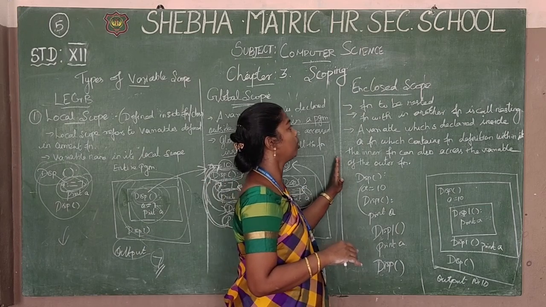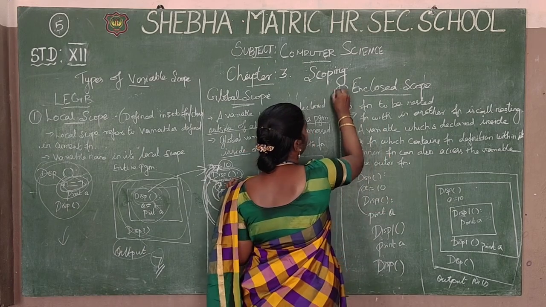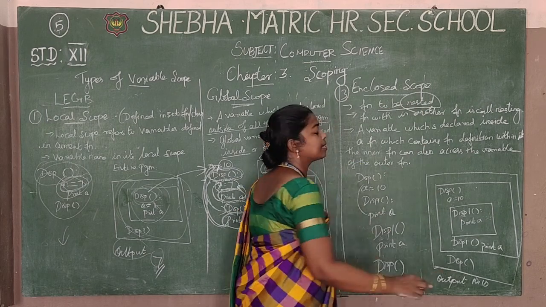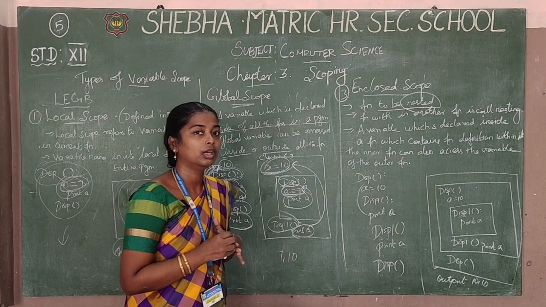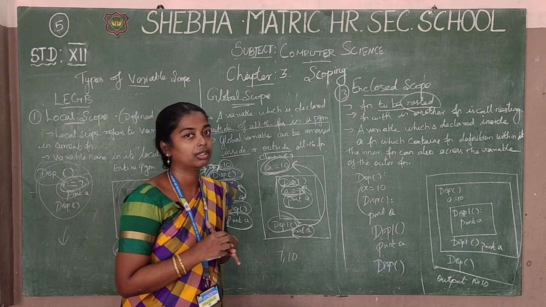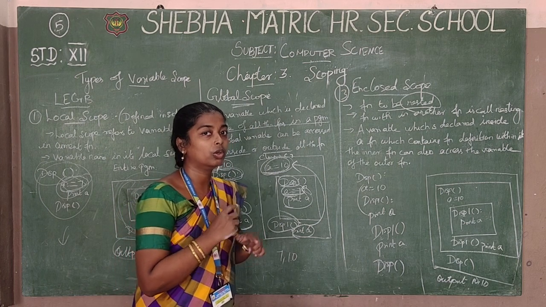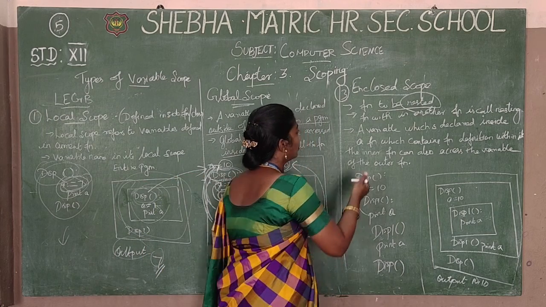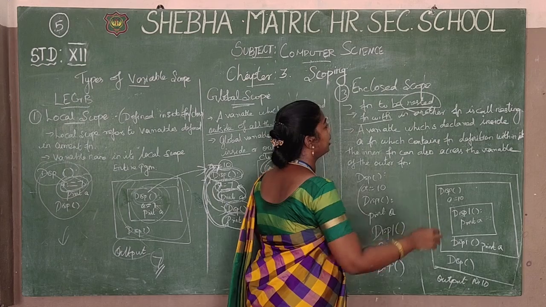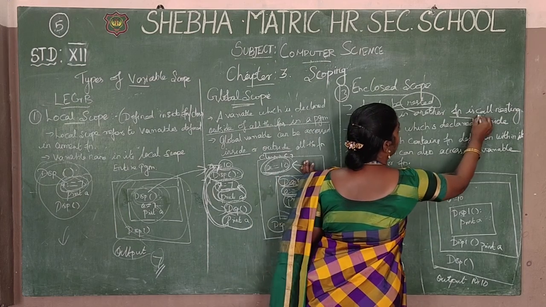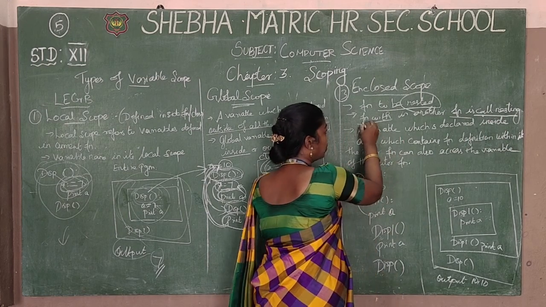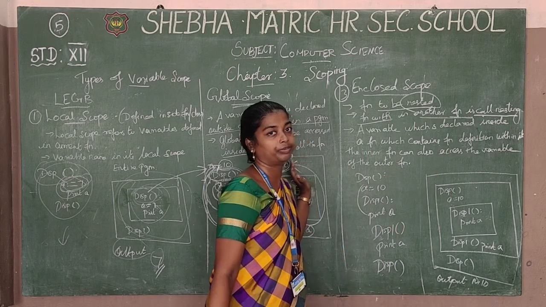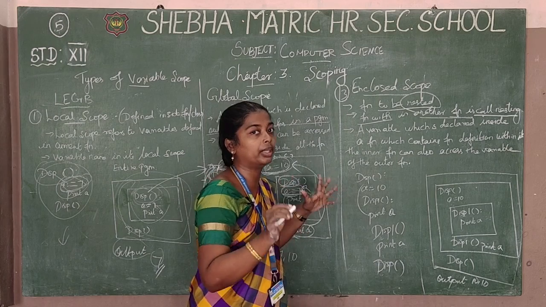Then the third one, enclosed scope. The function is nested. What is nested? We have already seen nested if else, and when looping repeats we call it nested. So a function within another function is called nesting.